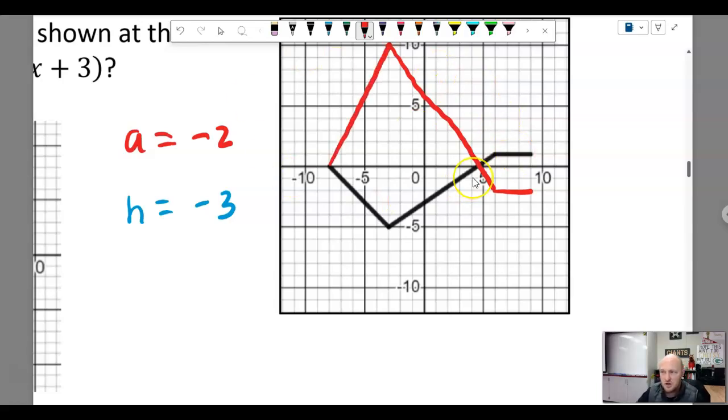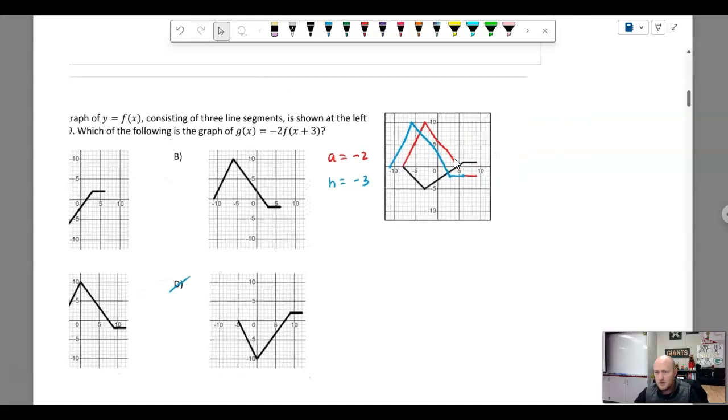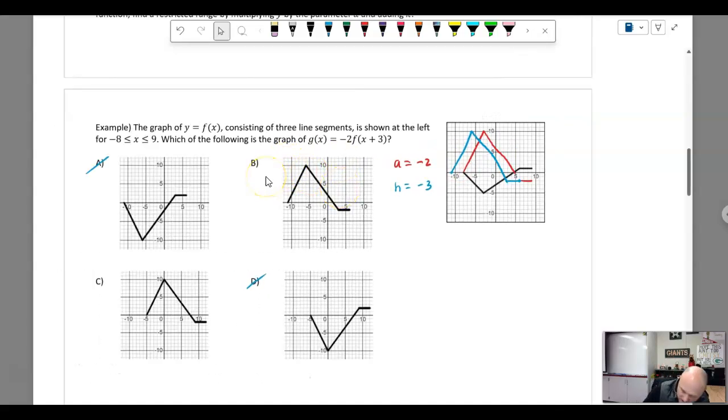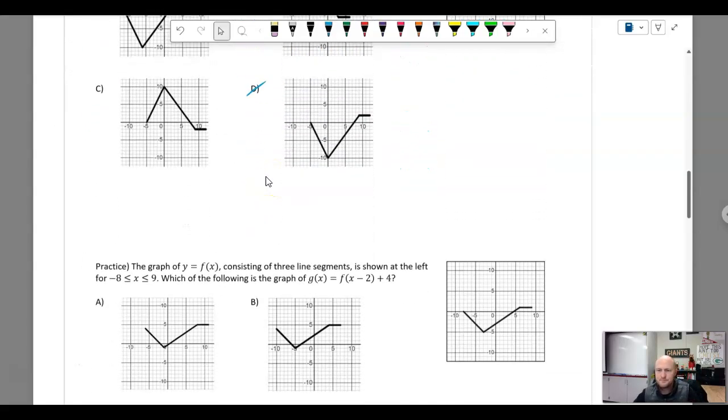So there's your graph with the stretching component, and then I'm going left 3 units, so 1, 2, 3, right? So all of these points get shifted left 3 units. Here's what we would expect our graph to look like. Oh, actually, sorry, it should look like that. Connect to here. And that confirms our suspicions. B is the answer for this one.